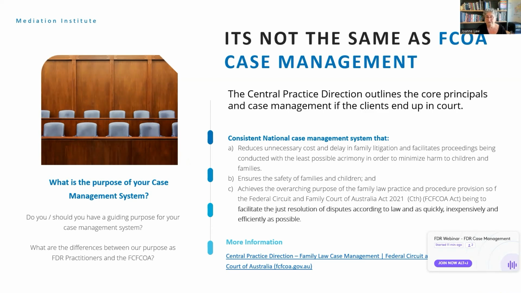To reduce unnecessary cost and delay in family litigation and facilitate proceedings being conducted with the least possible acrimony in order to minimise harm to children and families. To ensure the safety of families and children. And to achieve the overarching purpose of the Family Law Practice and Procedures provisions of the Federal Circuit and Family Court of Australia Act 2021, being to facilitate the just resolution of disputes according to law and as quickly, inexpensively and efficiently as possible.